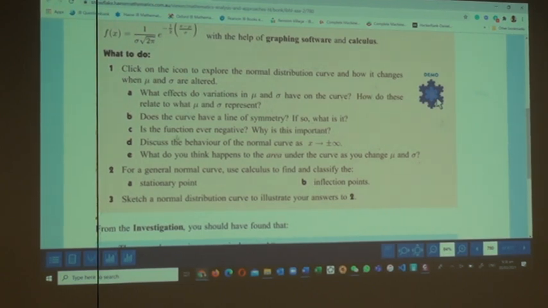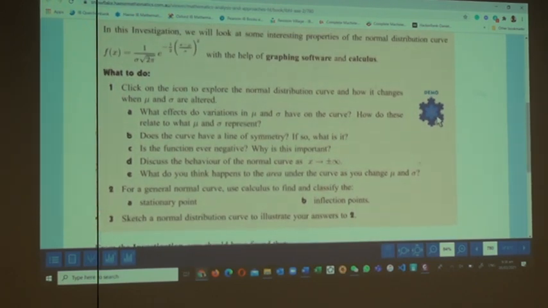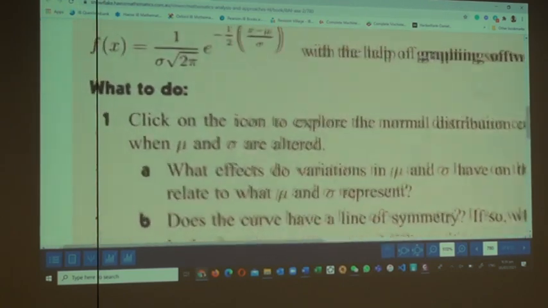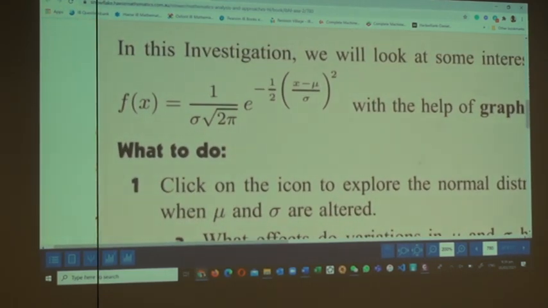Is this function ever negative? That's the function over there. Is it ever negative? No. Why is that? Are you sure? Someone convince me. Because this is one of the properties that makes it a valid PDF, isn't it?